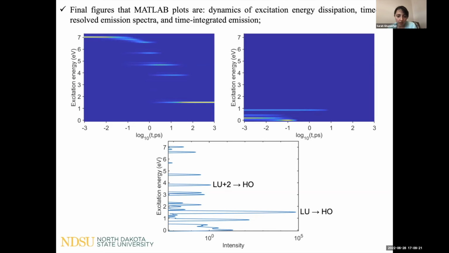You can see that each peak corresponds to a specific transition. For my case, the highest intensity for the excitation energy corresponds to the LUMO to HOMO transition, and we can also modify this range of energy to our desired range with just a very simple change.